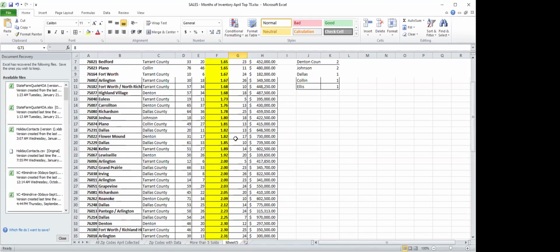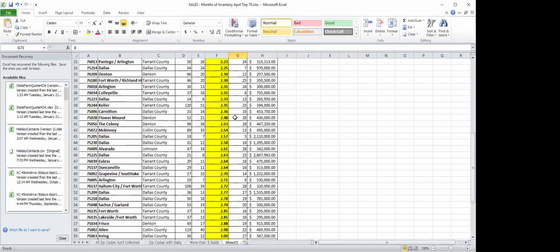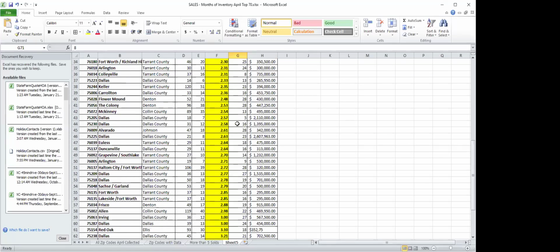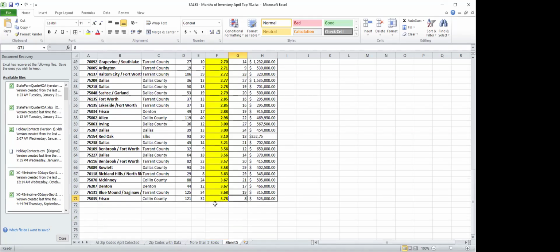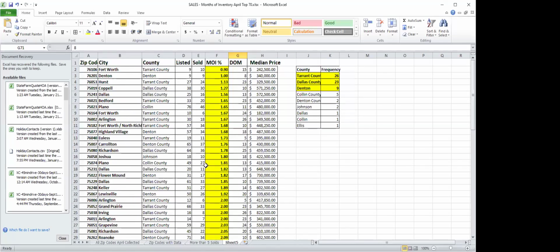All of those zip codes are less than 30 days on the market on average and less than 4 months of inventory. So these 70 zip codes are what I personally recommend as good for flipping in the next 30 to 90 days.